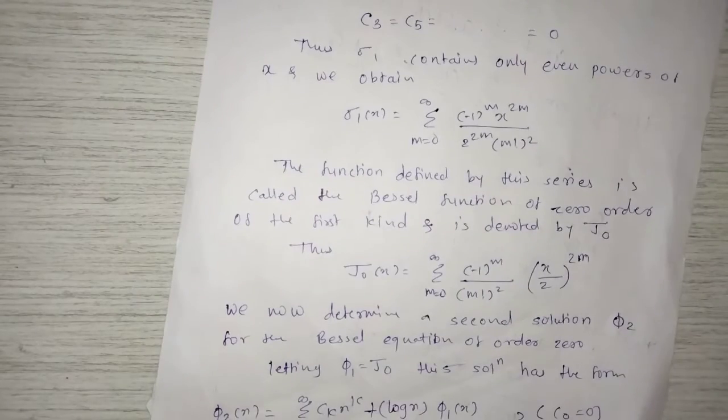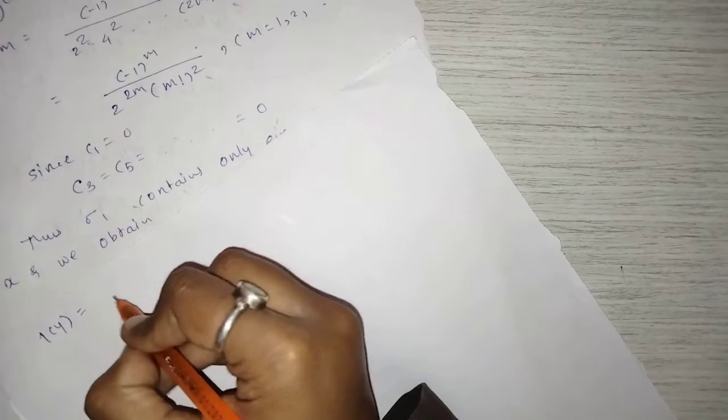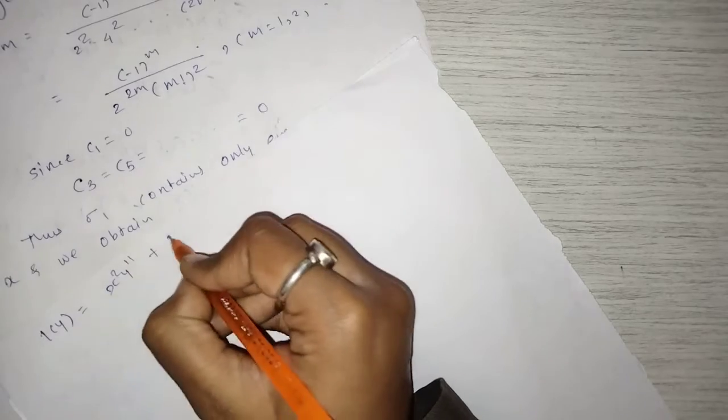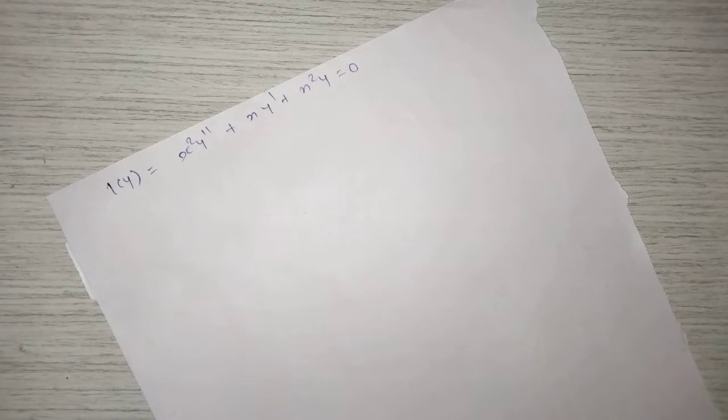Now, phi 2 of x is the second solution of L of y equal to 0. So L of y is nothing but x square y double dash plus x y dash plus x square into y equal to 0. Because alpha equal to 0, so coefficient of y is nothing but x square.